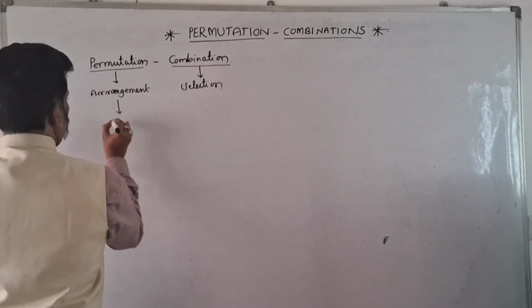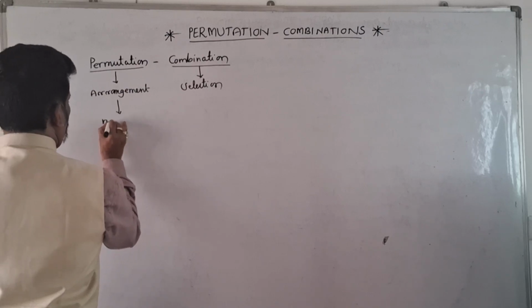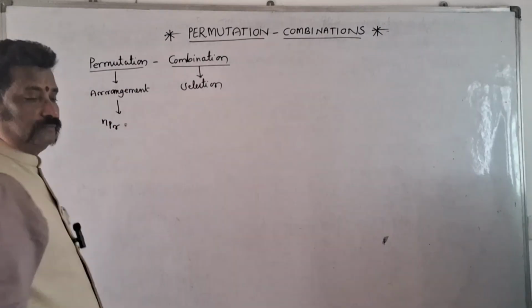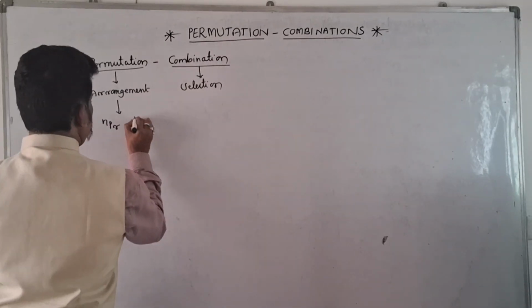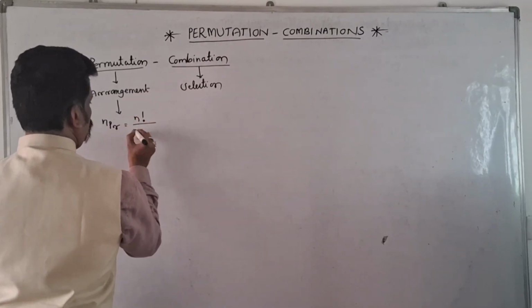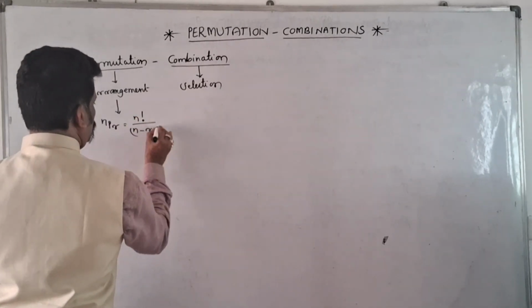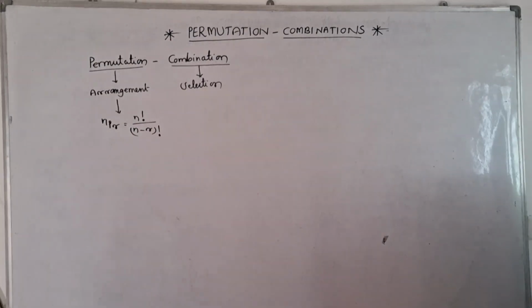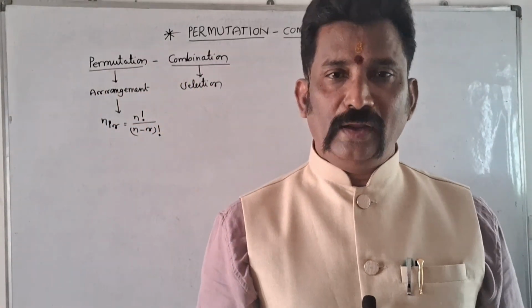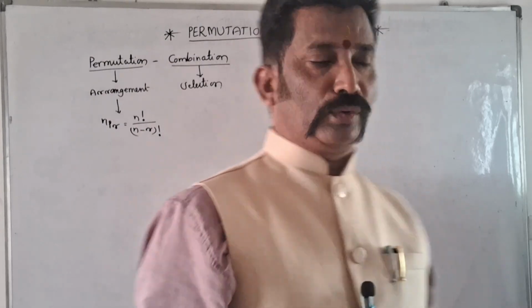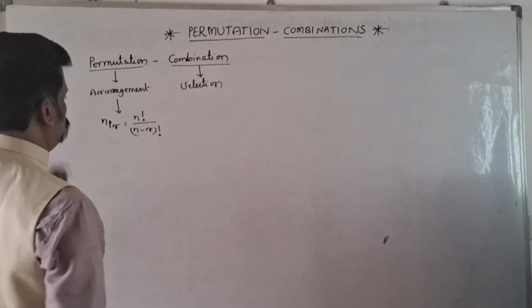It is denoted by nPr. nPr is equal to n factorial by n minus r factorial. This is the formula. P means permutation.